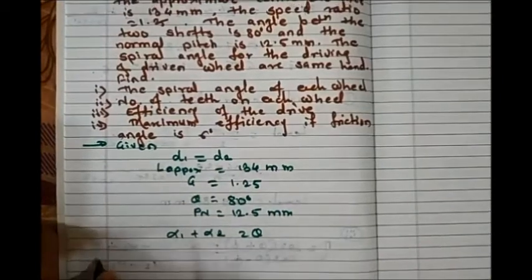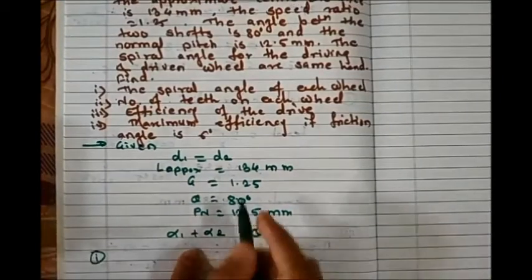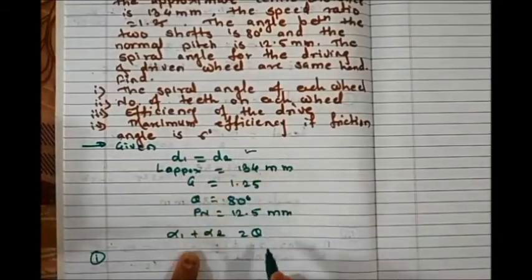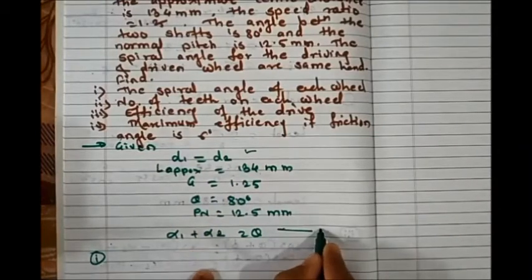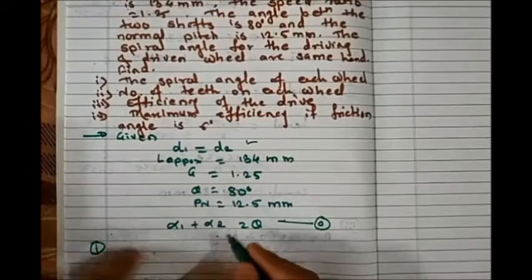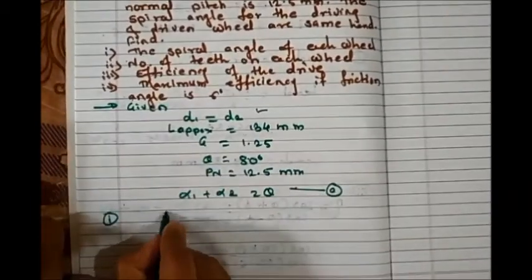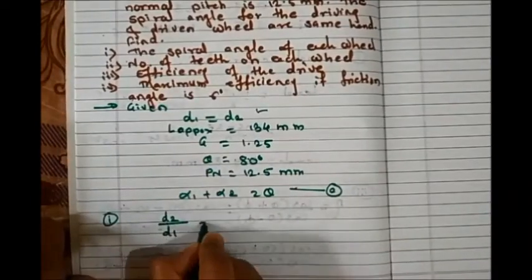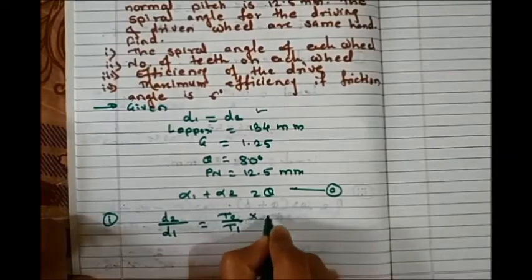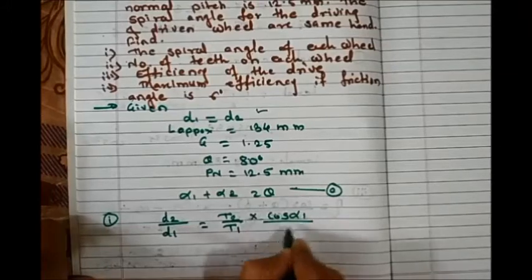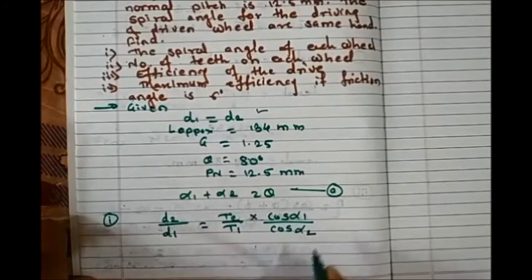Now to calculate firstly the spiral angle, here the given data is in terms of diameter, and alpha 1 plus alpha 2 is equal to theta. Let us say this is equation A. Now we know the formula, D2 upon D1 is equal to T2 upon T1 into cos alpha 1 divided by cos alpha 2.